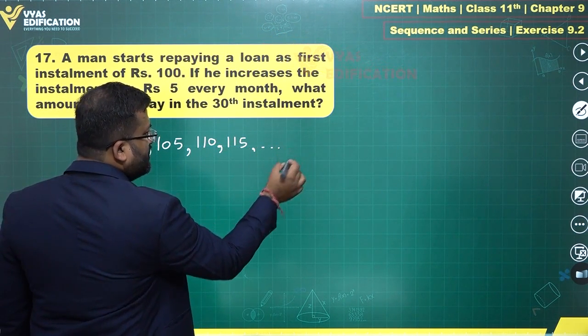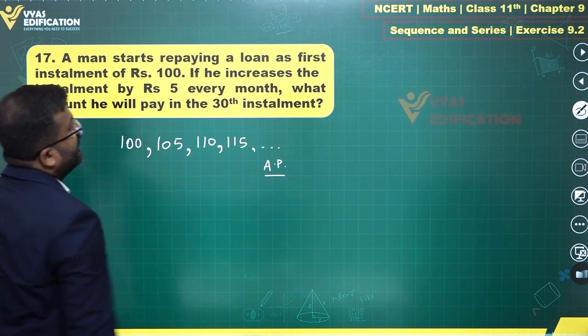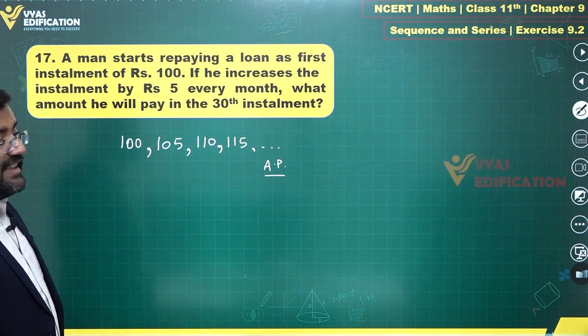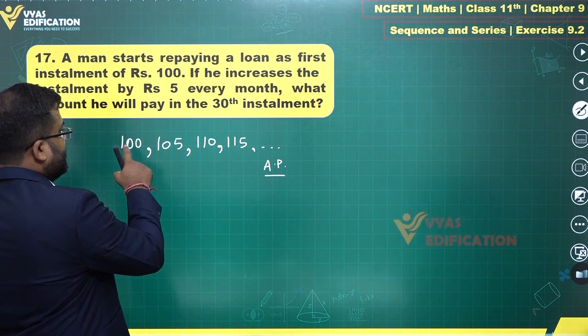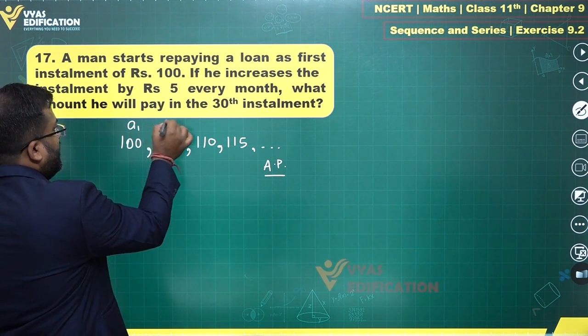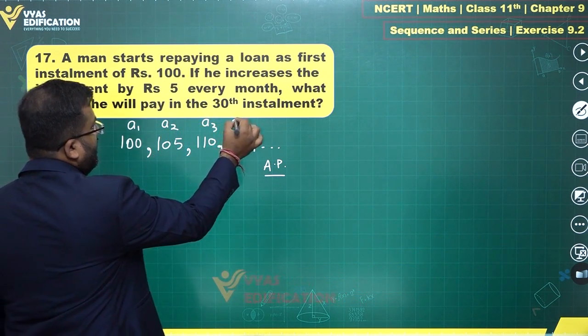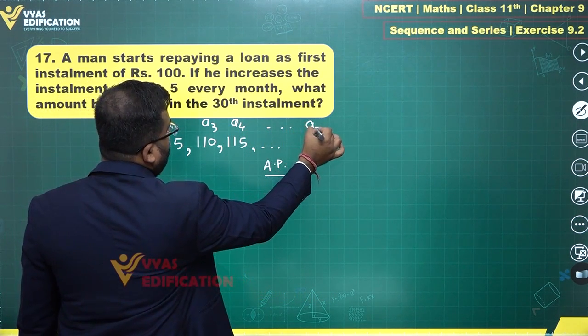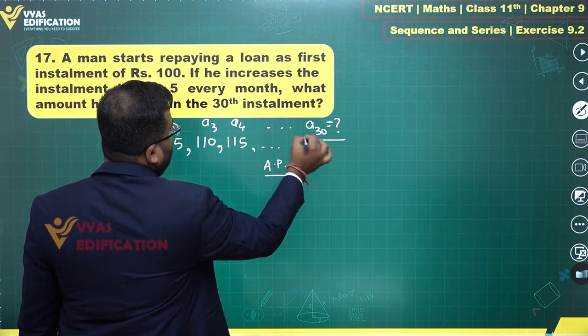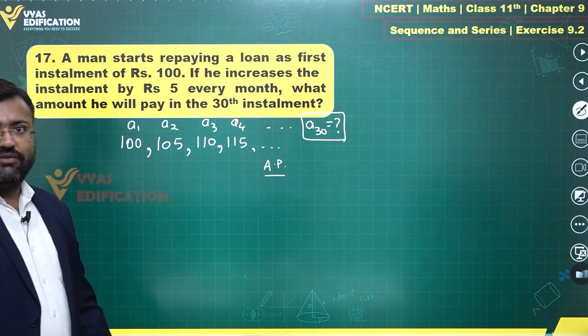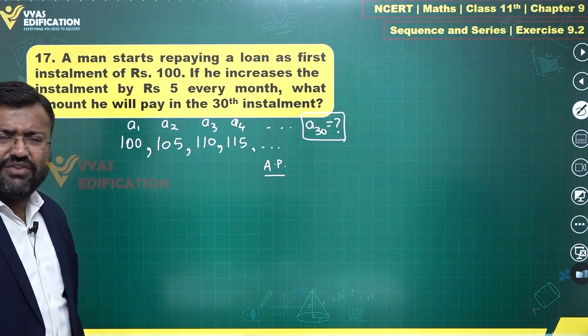Okay. So this looks like an arithmetic progression. Yes. What amount will he pay in the 30th installment? So this is installment 1, A1, A2, A3, A4, and correspondingly A30 is equal to question mark. That is being asked. We are interested in A30, the 30th term of this arithmetic progression.